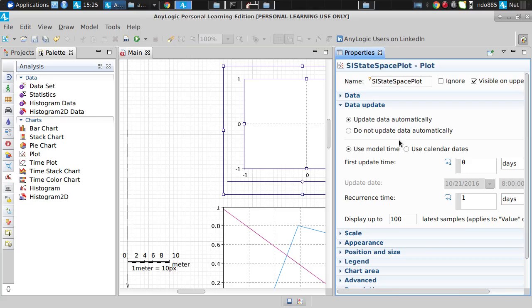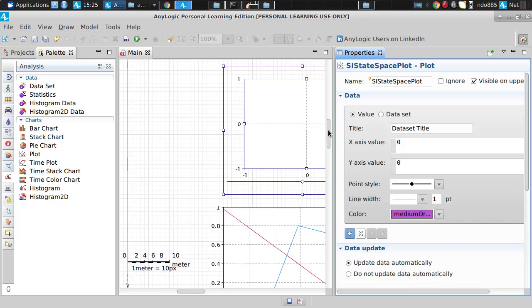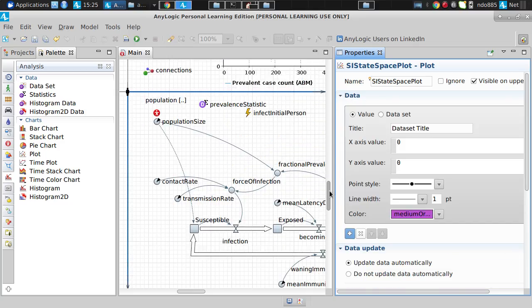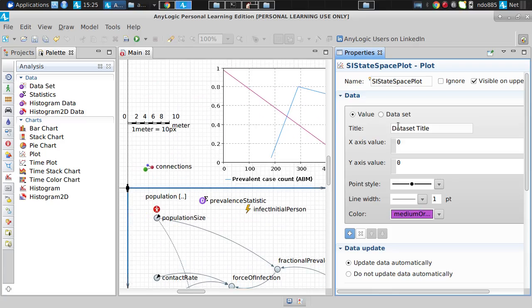Doesn't leave a lot to the imagination. So it's going to display S and I. The data here, for the first one, is going to be for the aggregate model.